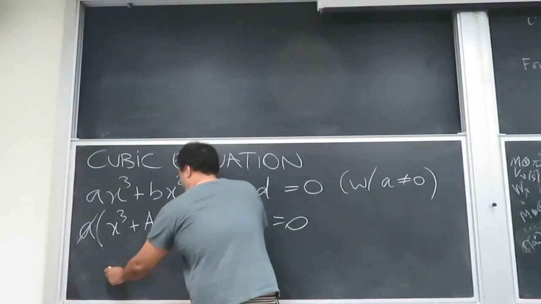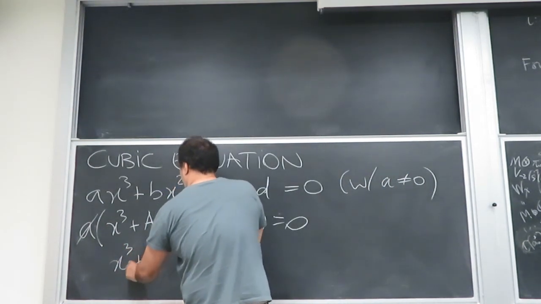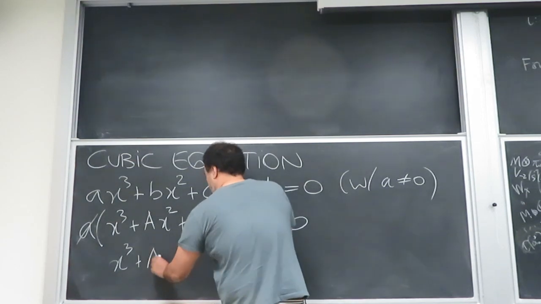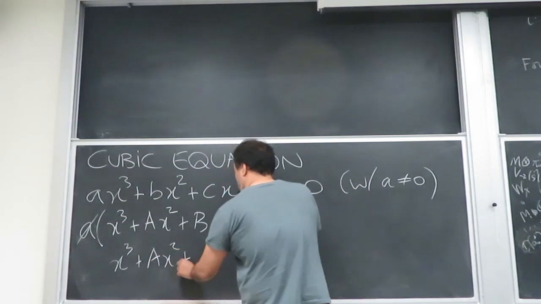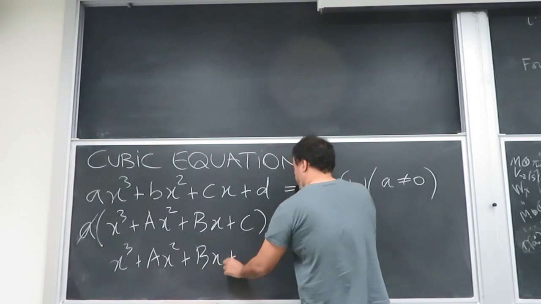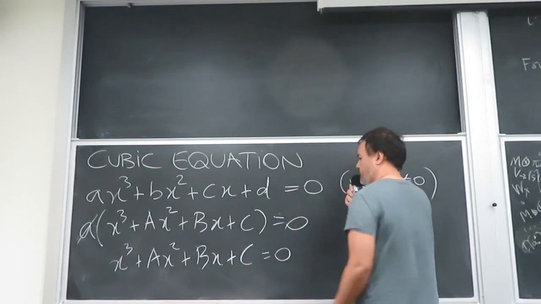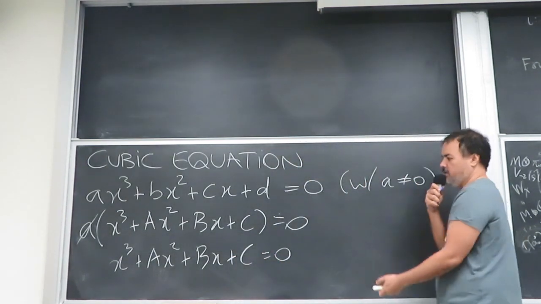So the first reduction is that we can assume the polynomial is monic. The first coefficient is 1, right? So this is the first reduction.